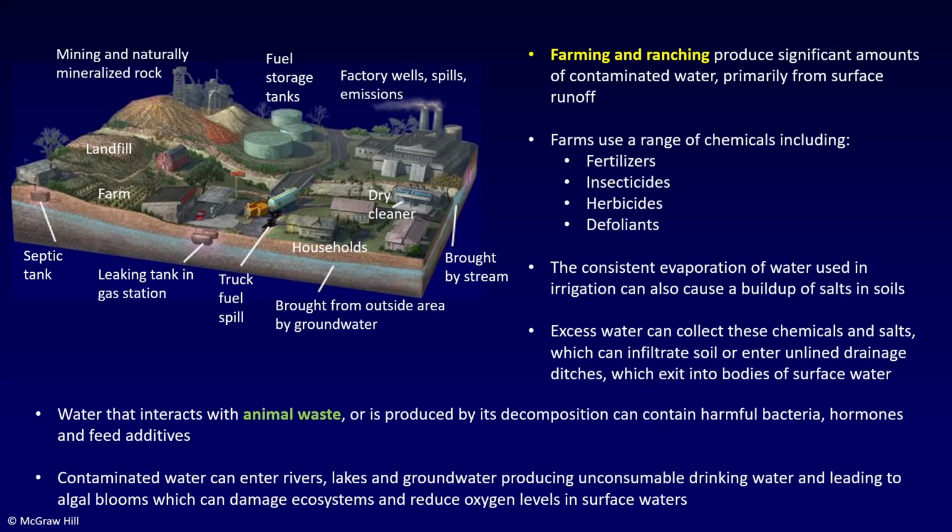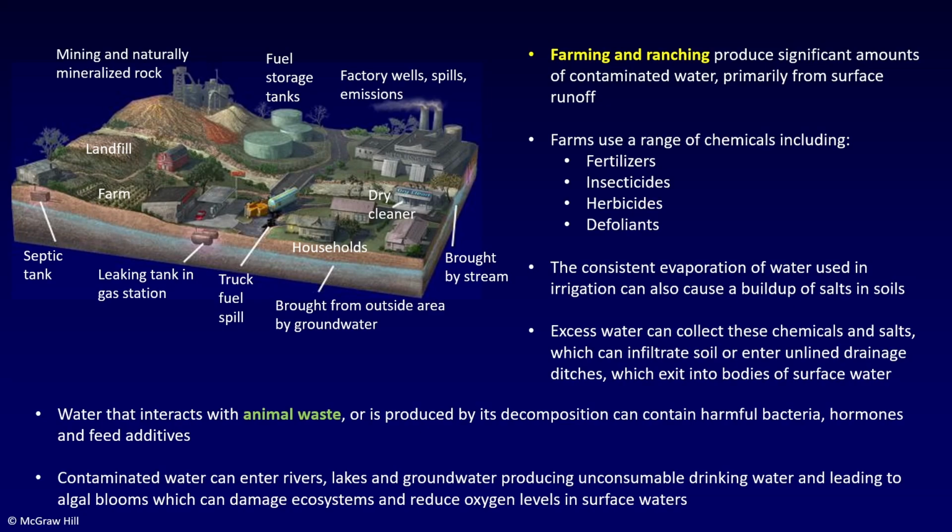Another problem that you have is that if you are using a situation where you have a field that's being actively irrigated, as you are releasing water as part of your irrigation system, that water begins to evaporate away. And so, as that water begins to evaporate away, it will release small amounts of salts.